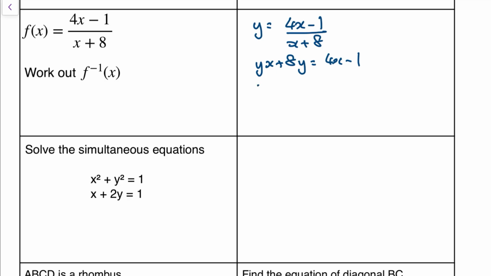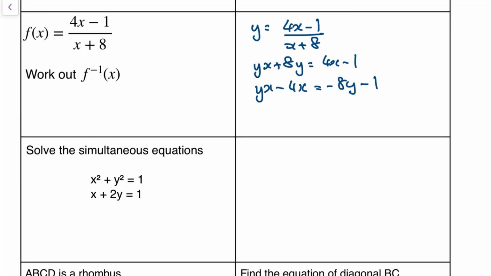So that gives me yx minus 4x equals 8y minus 1. That's fine, we'll come back and address that later. Which means that x, factorising, is y minus 4, which equals minus 8y minus 1, which means that x is equal to minus 8y minus 1 over y minus 4.